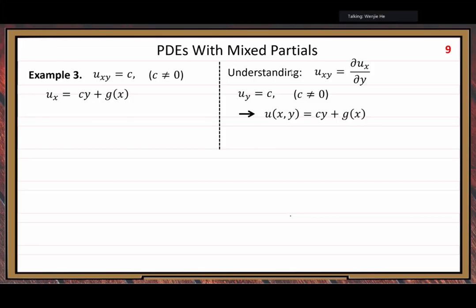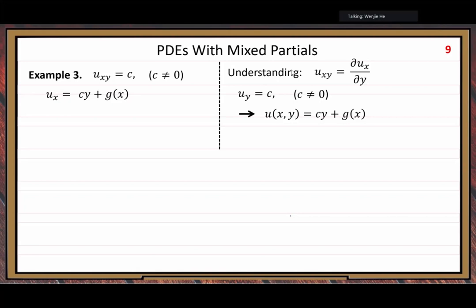Now we need to take the antiderivative with respect to the x variable this time. We should be careful when we write out the constant part.